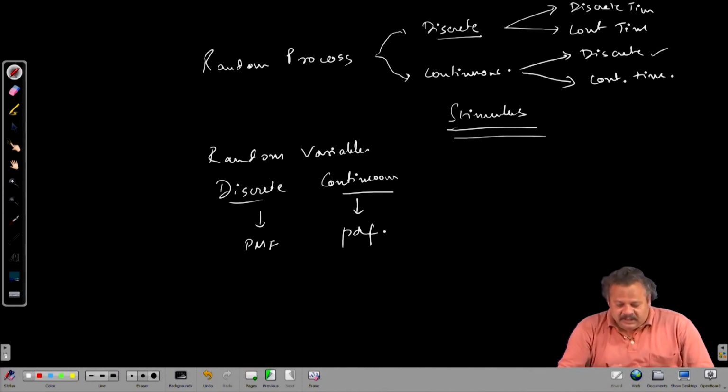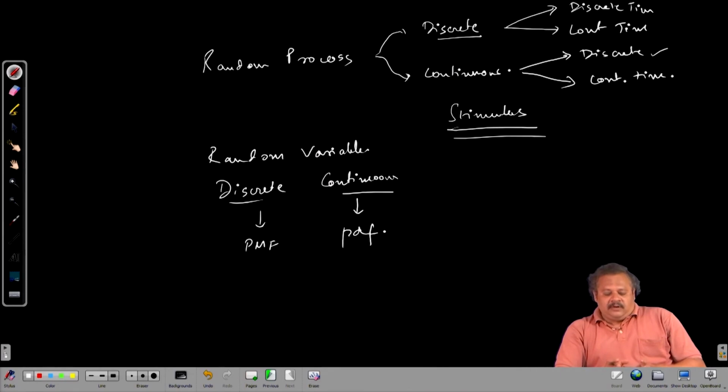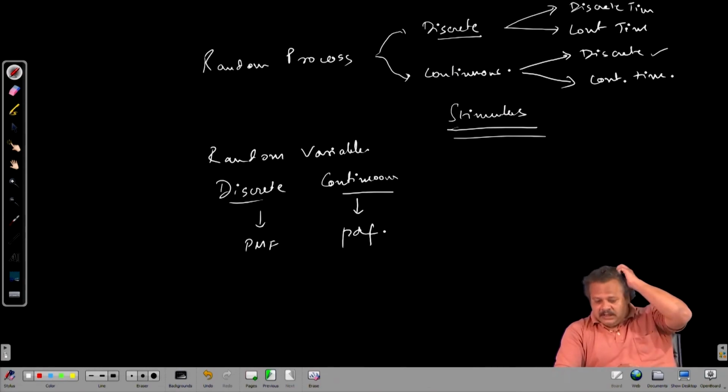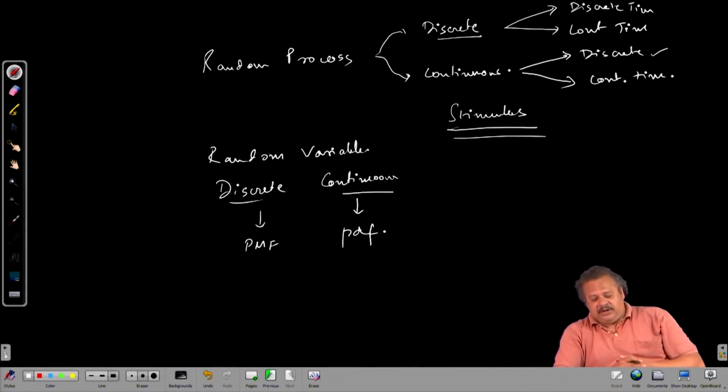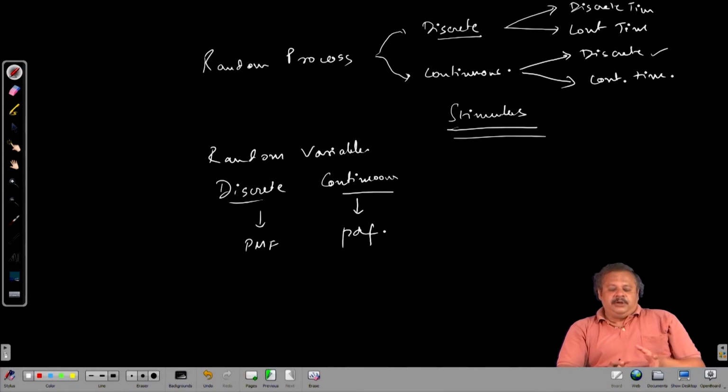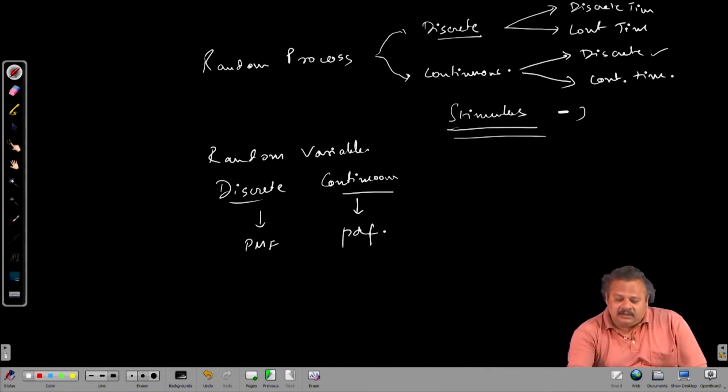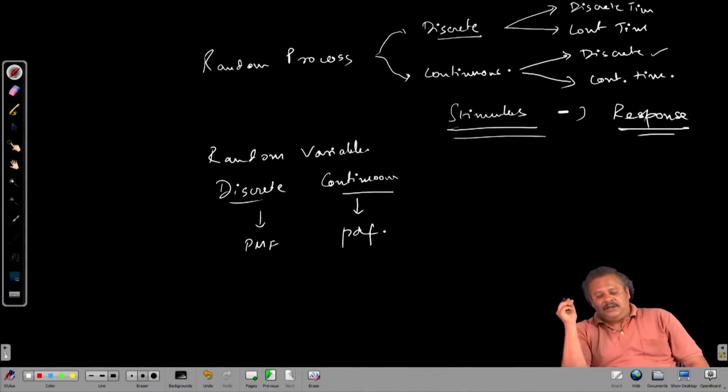So, in the next lecture, we will start from here with these ideas as a background, and there will be more material regarding them in your handouts, in your reading material. We will go on to understand the relationship between the stimulus and the response. In general, we will call the other side stimulus, and the response space is of course the particular random variable that we had been discussing.